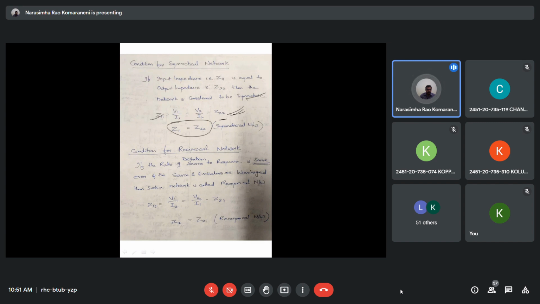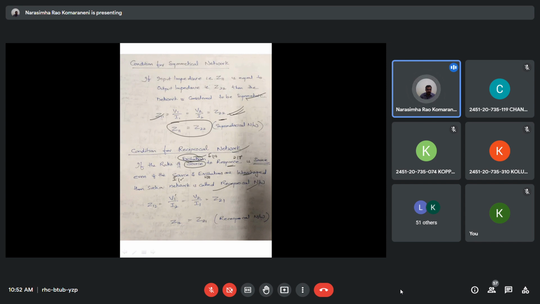The next is the condition for a reciprocal network. So what is reciprocal? If the ratio of the excitation or source, what is the excitation? Excitation is nothing but the input. The ratio of the input to response, response means output, is the same even if the source and excitation, that is input and output, are interchanged, then such networks are called reciprocal networks.